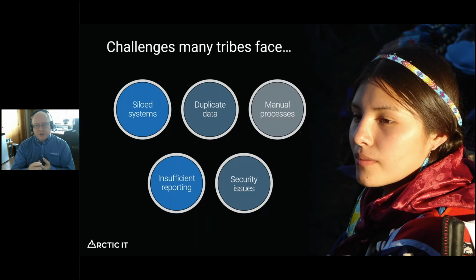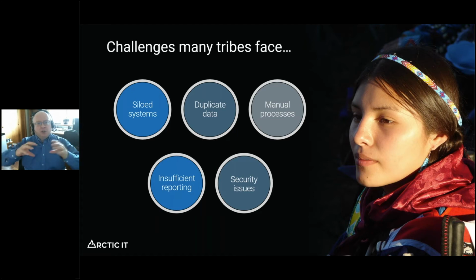You have siloed business applications within each of those departments, and what that means is they each have their own database of information, and they manage their lists of who they're providing services to, but rarely do those systems communicate or talk to each other, so that when a tribal member has to come in to receive services from one department, they fill out an application. And they get frustrated that I have to provide my name and address and all this information, and then literally walk next door to another department and have to fill out another application form with the exact same information.